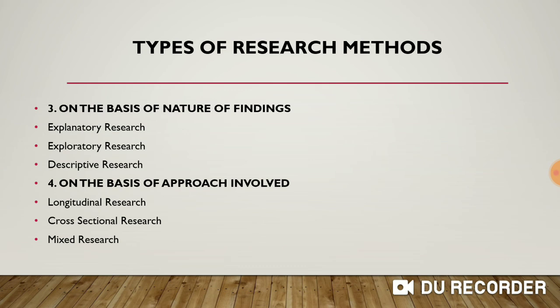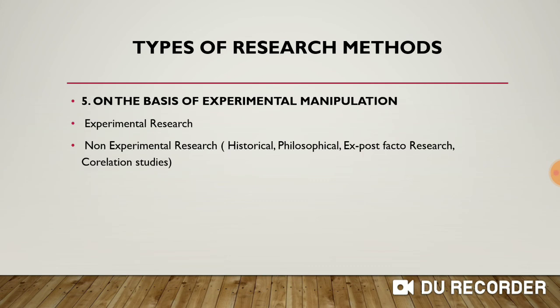Another, fourth type of research that researchers need to understand is on the basis of approach involved: longitudinal research, cross sectional research and mixed research. And the last, fifth type of research is on the basis of experimental manipulation.